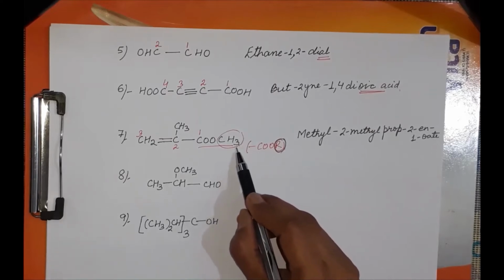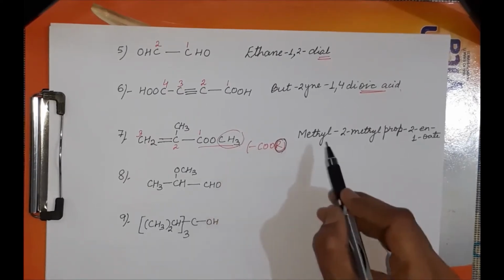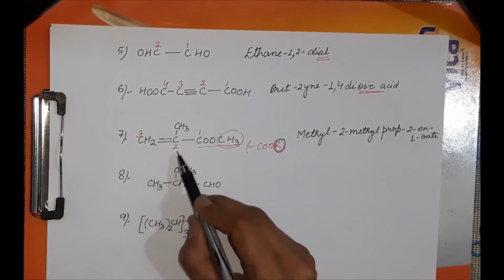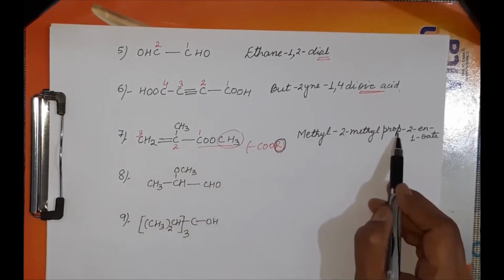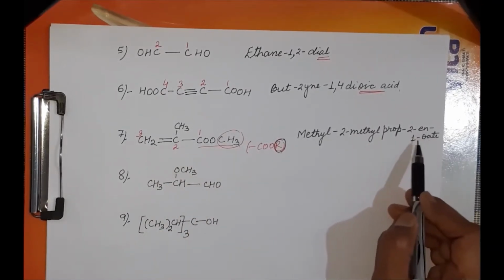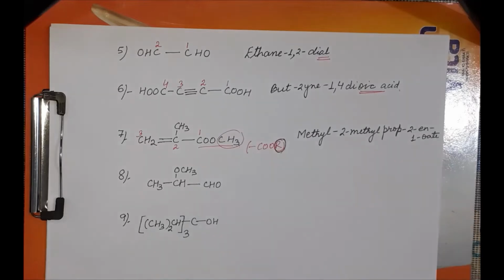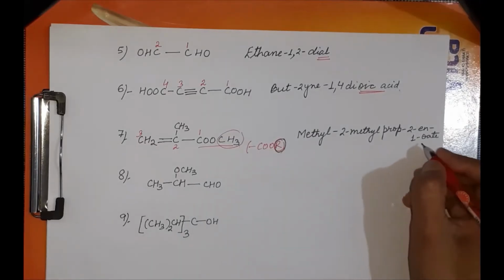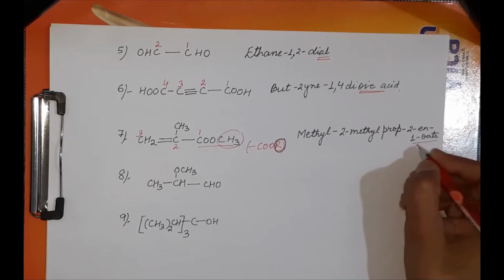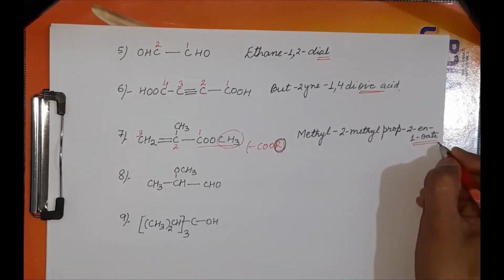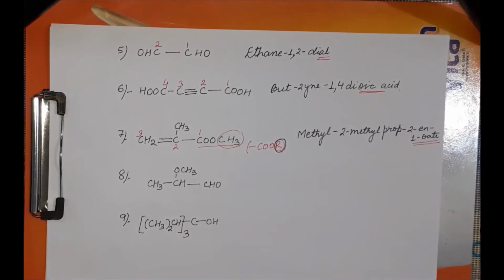Here it is the methyl group. So we start like this: methyl 2-methylprop-2-enoate. For the ester group, in the end the suffix, oate, is used as a secondary suffix. So this will be the name.